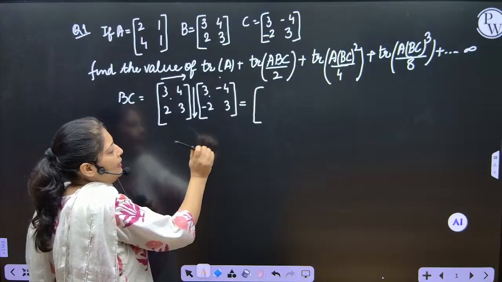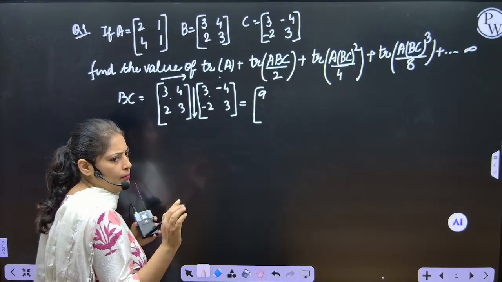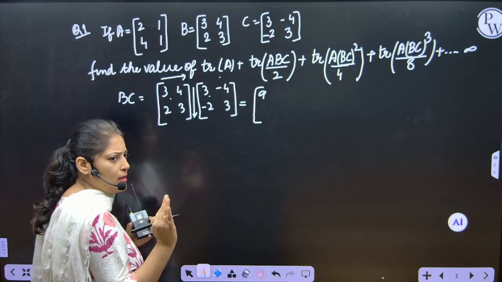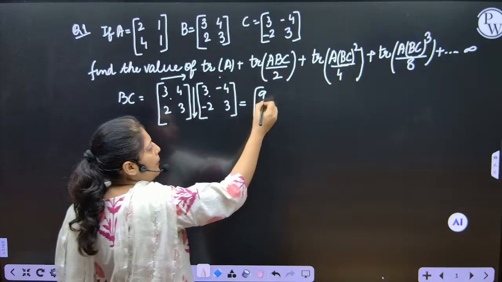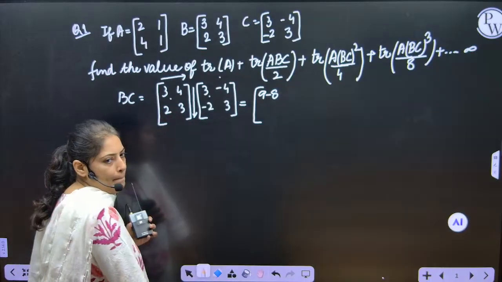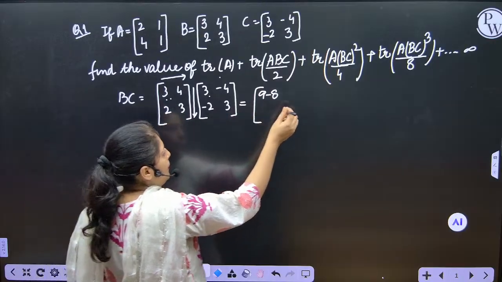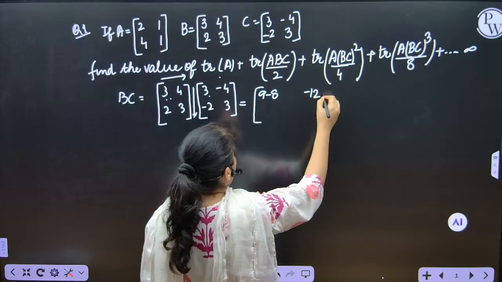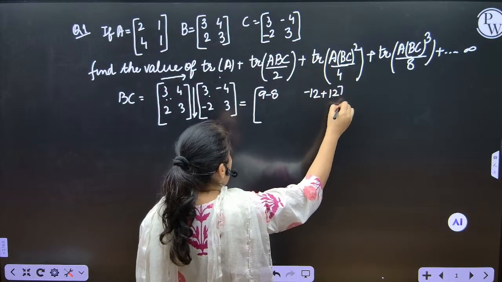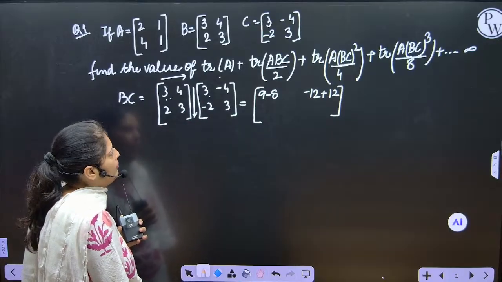3 threes are 9, and as I said, now we'll do the calculations in our heads itself. 3 threes are 9, 4 into minus 2 is minus 8. Now the first row will be multiplied with the second column. 3 fours are 12, plus 4 threes are 12. Here was a minus sign, so that's why minus 12 came.